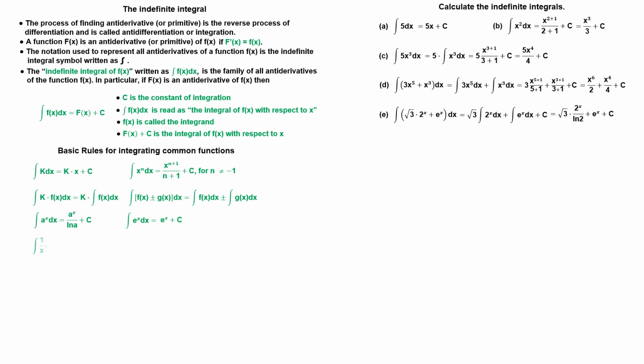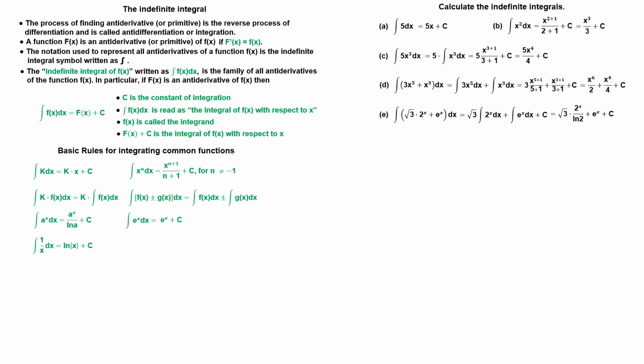The integral of the multiplicative inverse of x is equal to the natural logarithm of the absolute value of x plus the constant of integration, since the derivative of the natural logarithm of x is 1 over x.